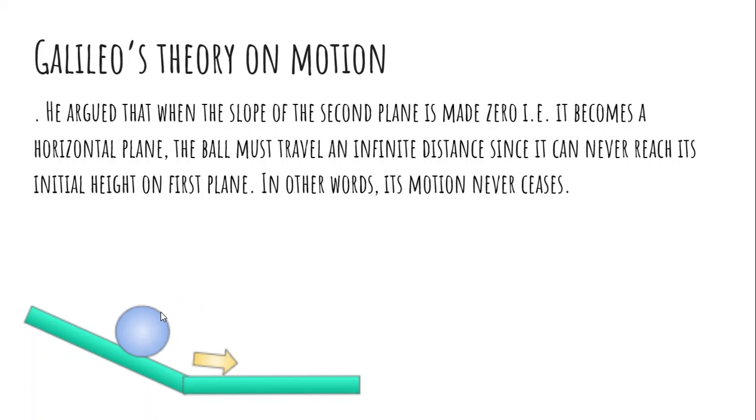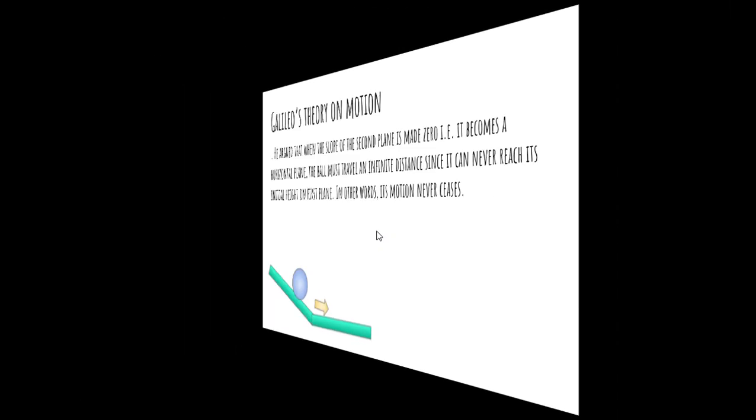Since he said that the ball must reach its initial height, it should roll and roll until it reaches it. But if the second plane is horizontal, then it never really reaches its initial height, so it keeps rolling according to him. And that's only in a frictionless situation, because we have friction now and that stops the ball immediately.